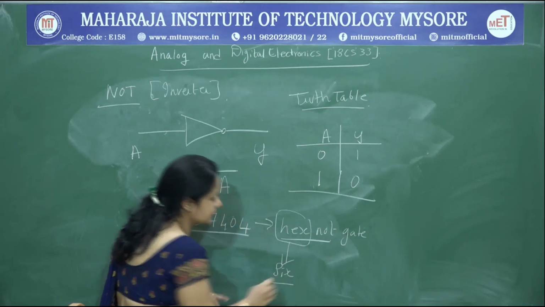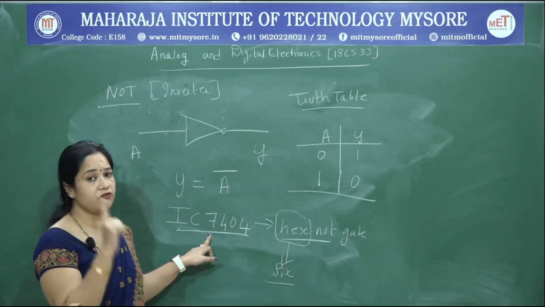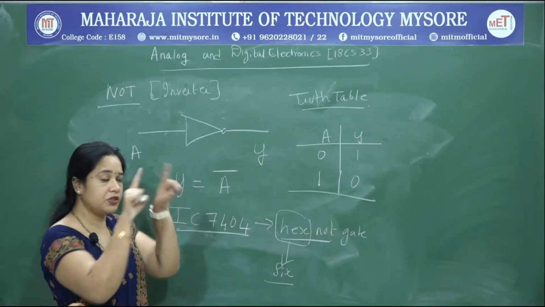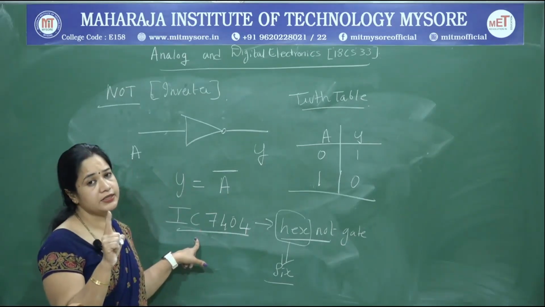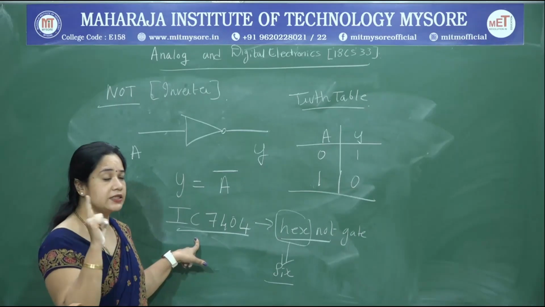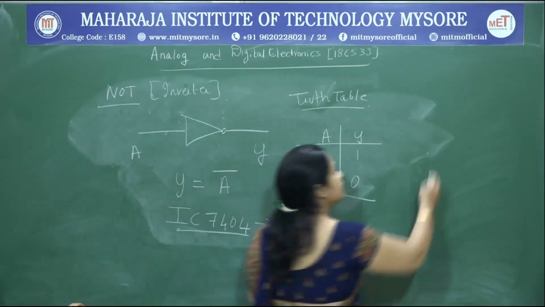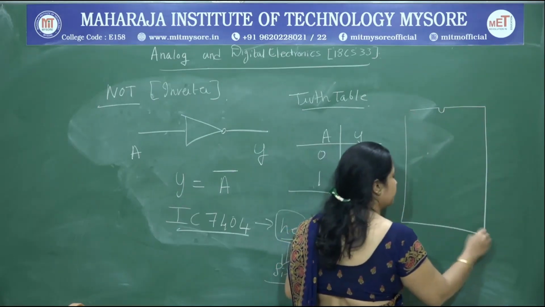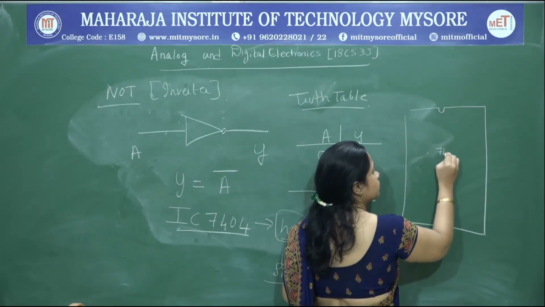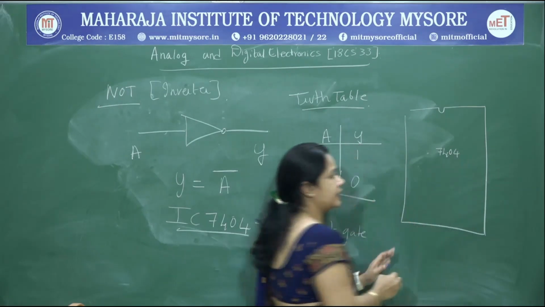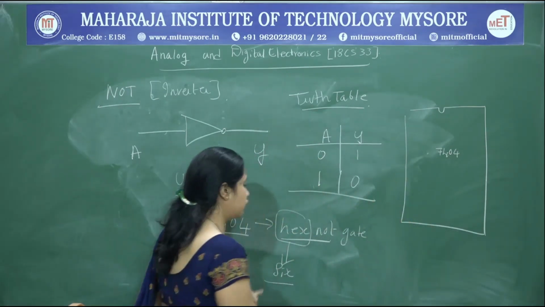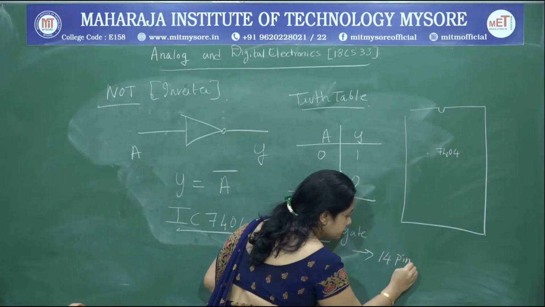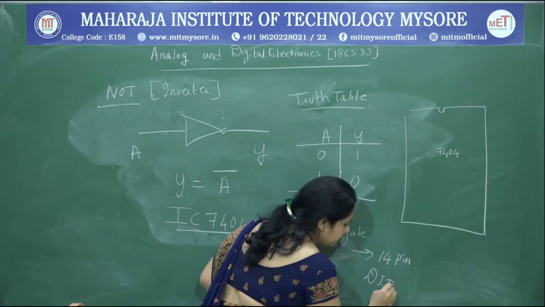When I say hex NOT gate, using a single 7404 IC, I can realize 6 NOT gates. And how do I draw the pin diagram of the integrated chip? Something like this. This happens to be the 7404, which is a 14 pin dual inline package.